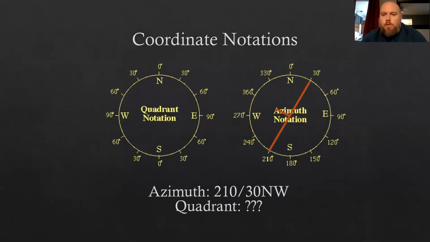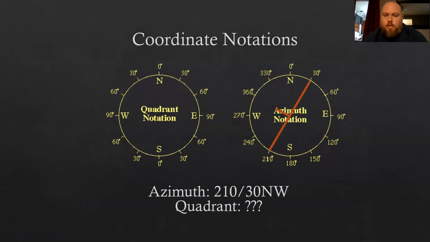Okay, so here's another one that you can try out. Our azimuth is 210 degrees. So for the quadrant, first we would specify whether it is north or south, and we see that 210 is in the southern quadrant. Then it is degrees east or west.